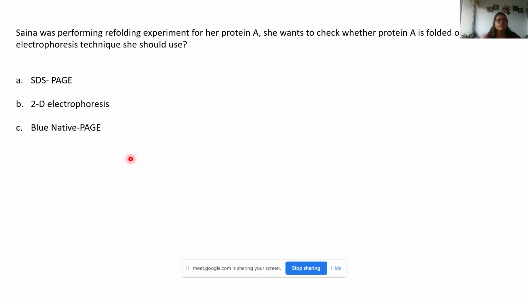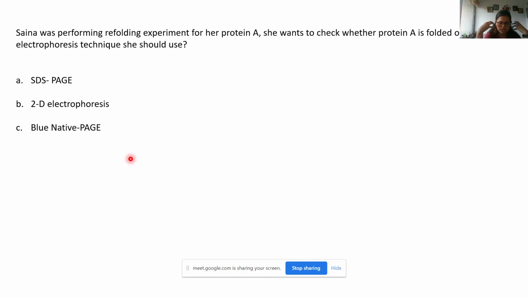That is why, whenever you are interested in studying a particular protein in its three dimensional folded structure, blue native PAGE is the recommended technique, because in case of SDS, you will not get a folded protein structure.